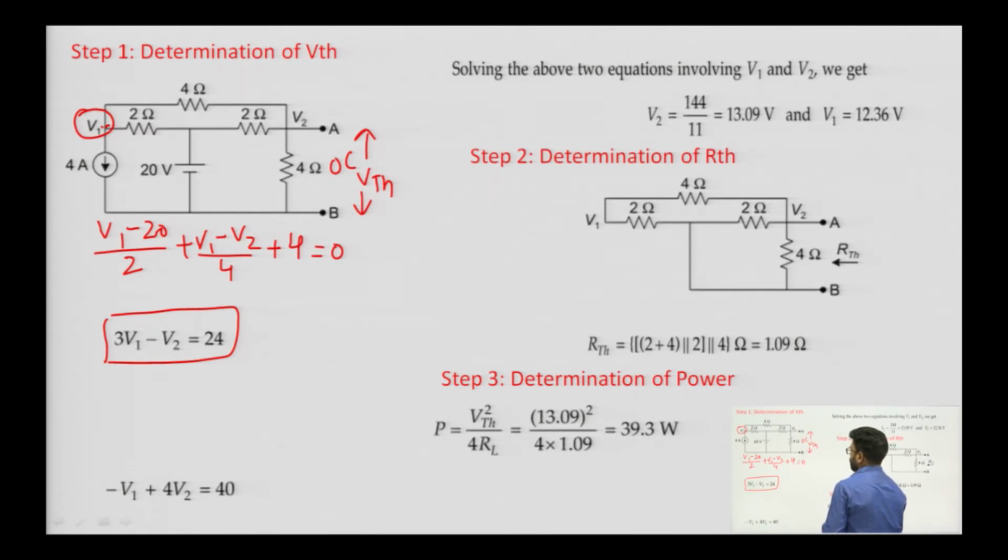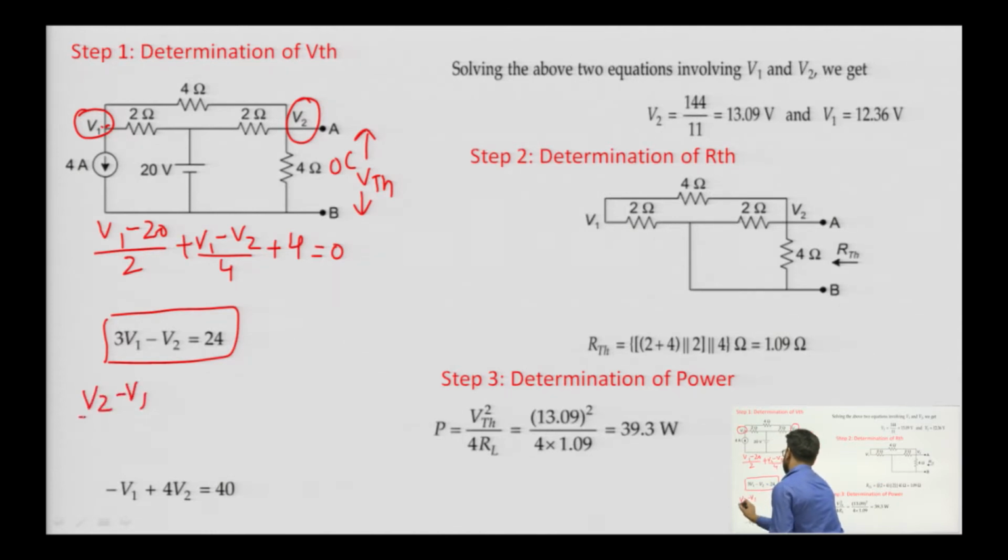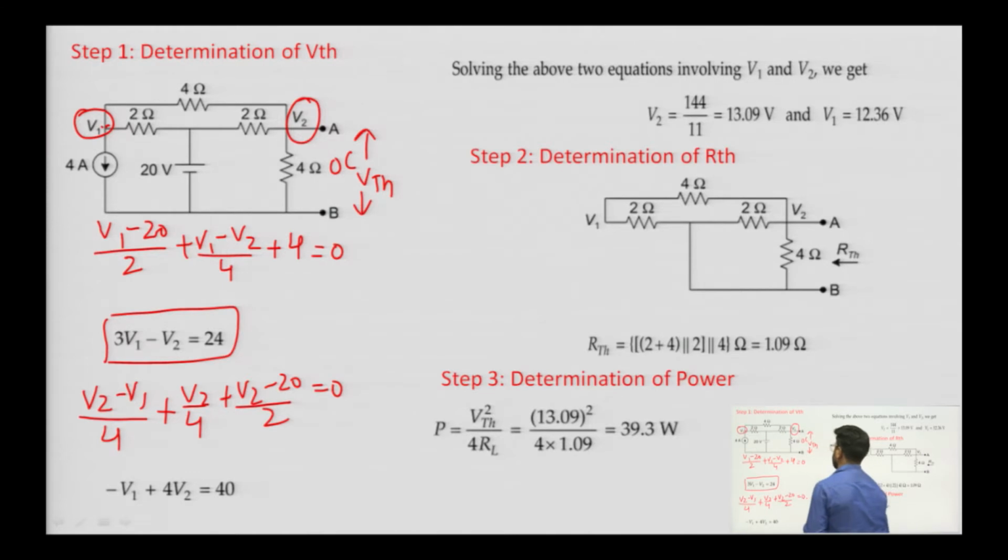24. Now, I will apply KCL at this node, at V2. So, it will be V2 minus V1 divided by 4, plus V2 divided by 4, plus V2 minus 20 divided by 2 equals 0.